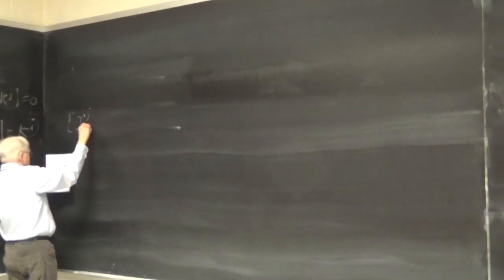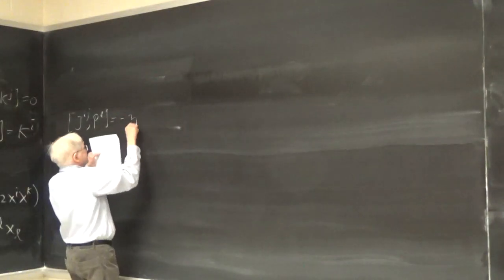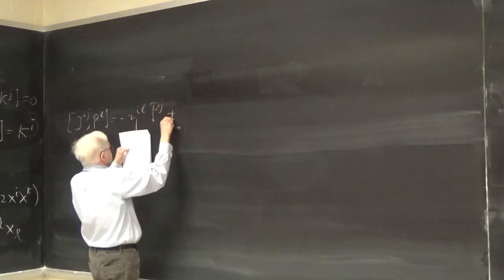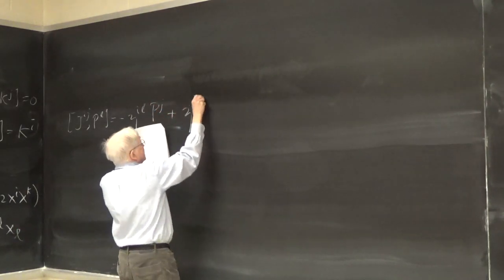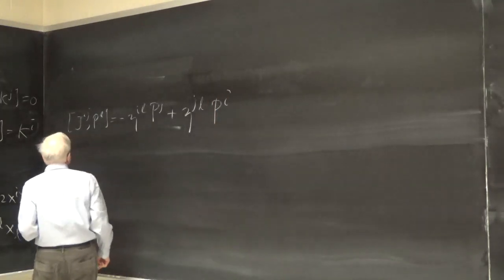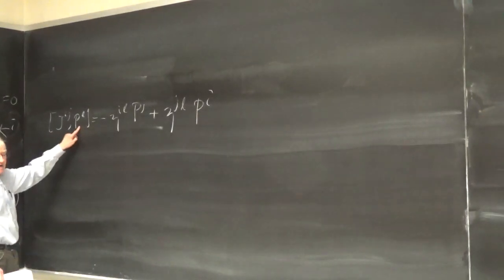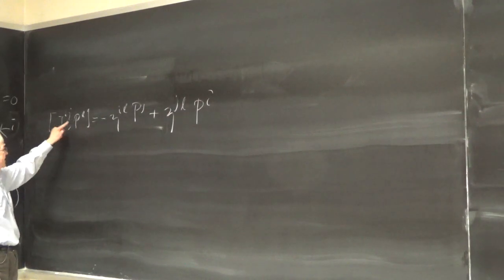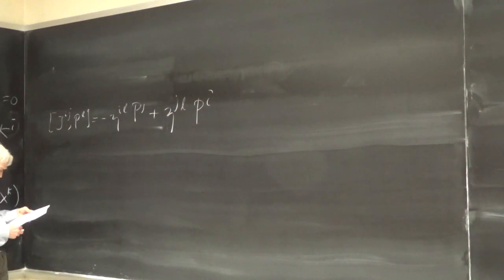This Jij with PL, and this is minus eta IL PJ plus eta JL PI. This is saying that the momentum generators of space-time translations are a 4-vector under Lorentz transformations.